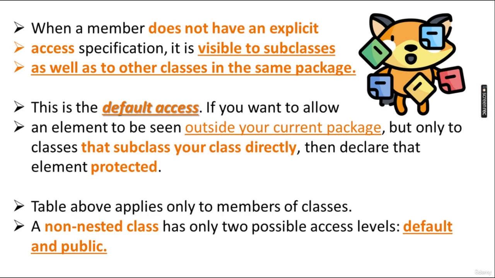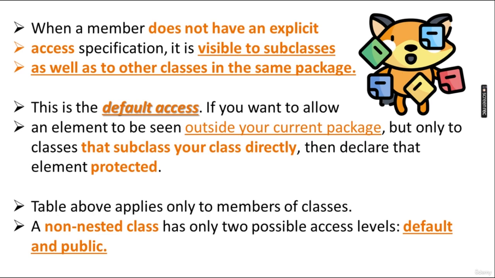You want your element or your data member function to be seen outside of the current package but only to subclasses that your class directly inherited, then declare that element as protected.